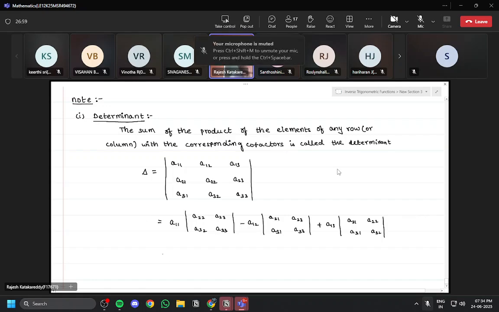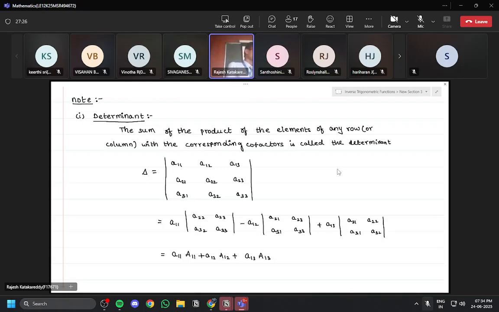This value is equal to A11 into capital A11 plus A12 into capital A12 plus A13 into capital A13. This is the actual definition of a determinant: the sum of the product of the elements of any row with the corresponding cofactors.